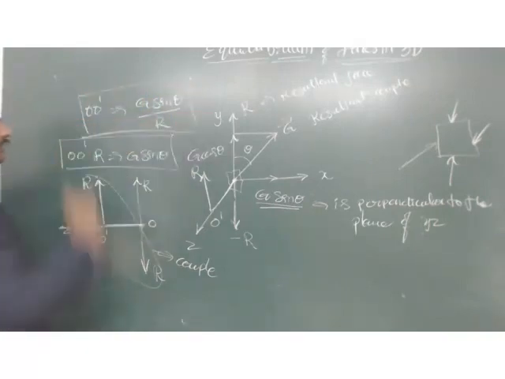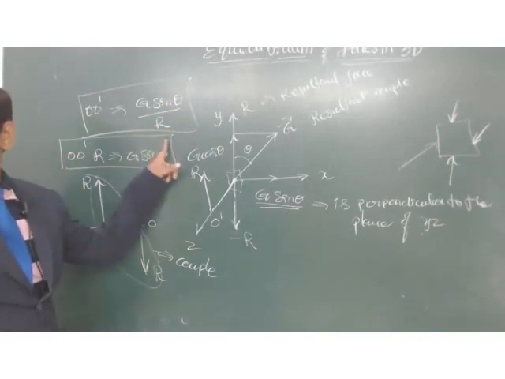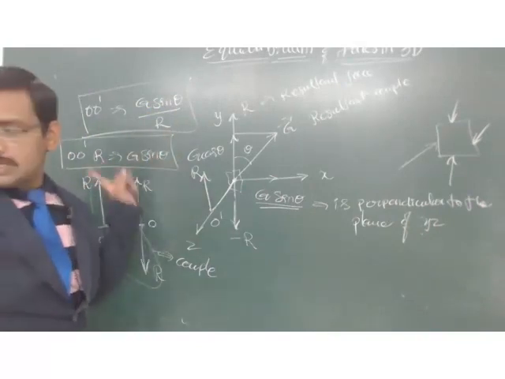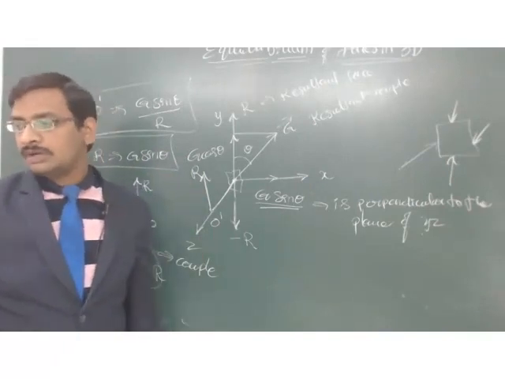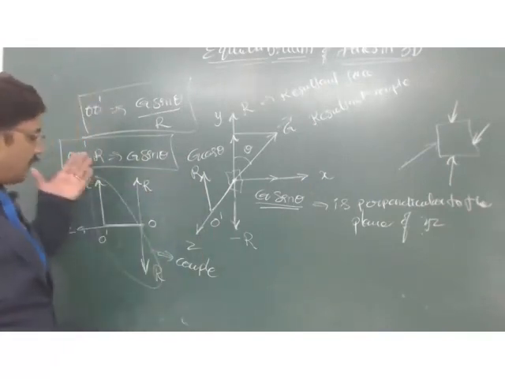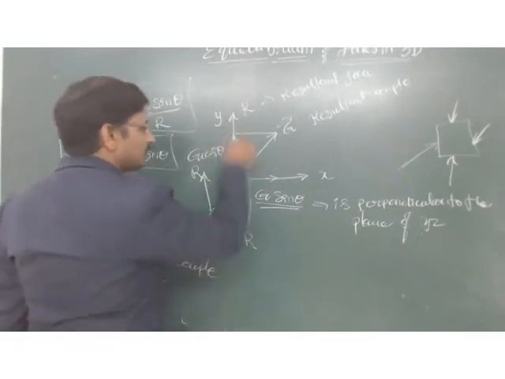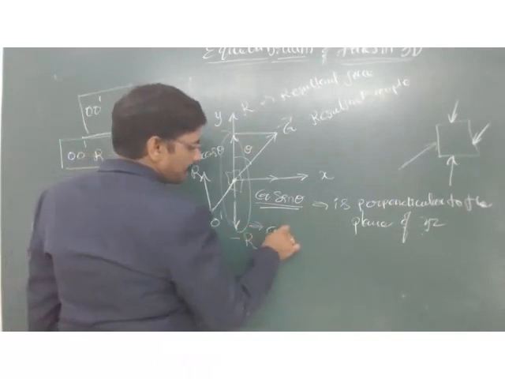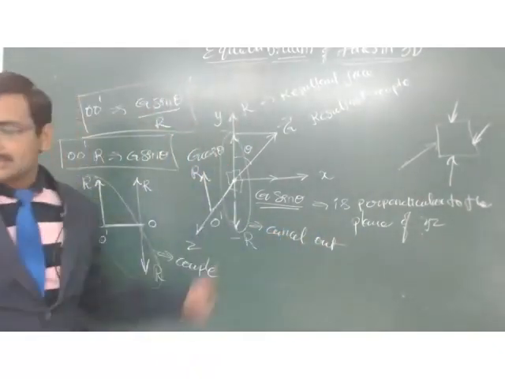So if I select the O dash point such that it is equal to g sin theta by R, then definitely this statement has to be true. Got it? Understood or not? So if I draw this particular situation, I can say that R and minus R will cancel out.